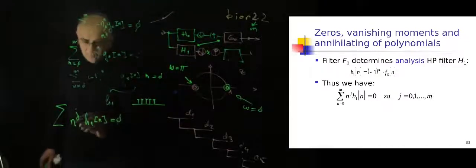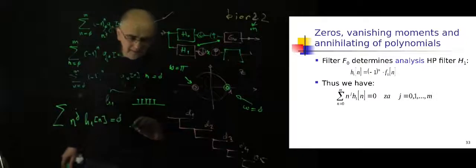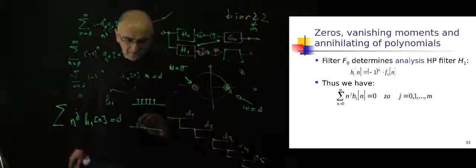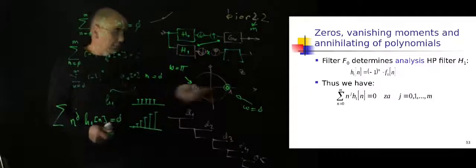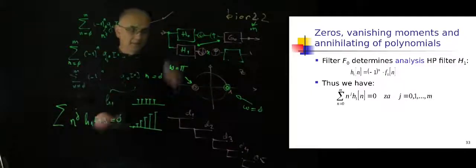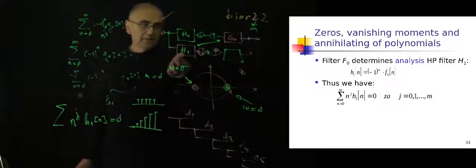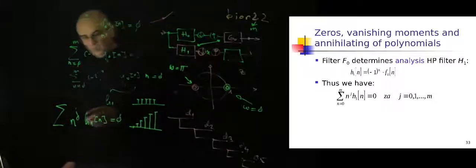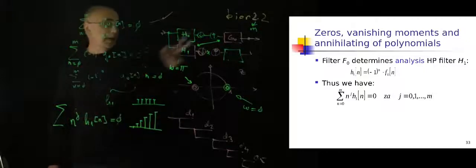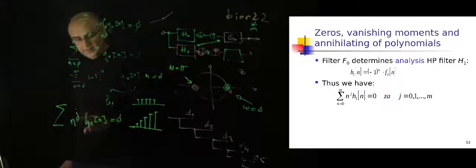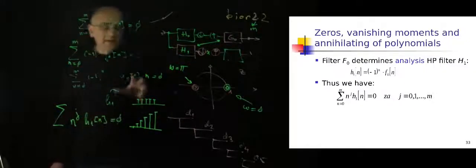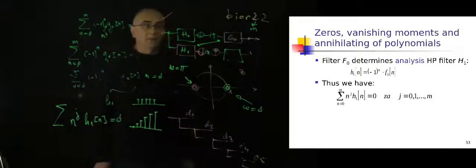But I could put n times a constant, which looks like a line. That was exactly my example. It also doesn't go through this filter, it cancels it out because j can be 1 in my example. n times H1 is still 0.